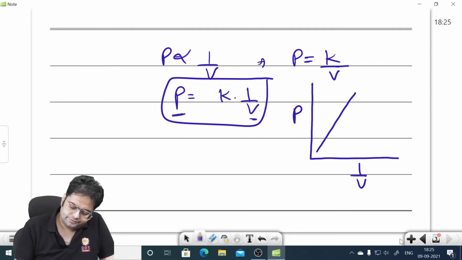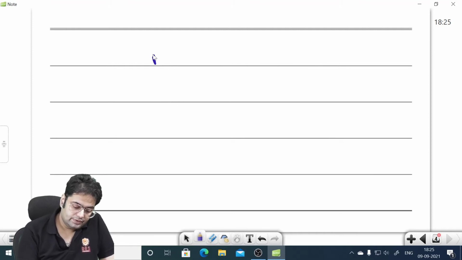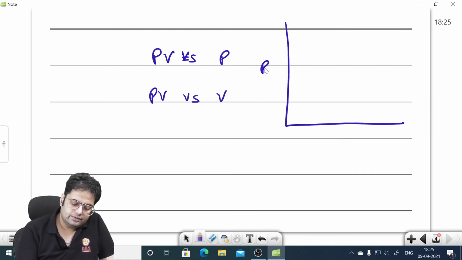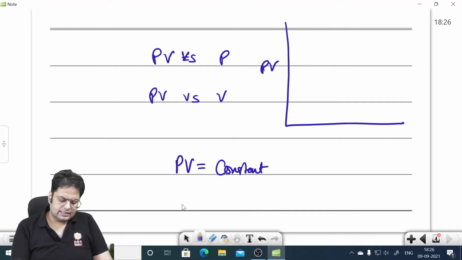What about the next sort of graph? PV versus P or PV versus V. As it is evident that PV is equal to constant, you can take an example, 6 into 4 is equal to 24.